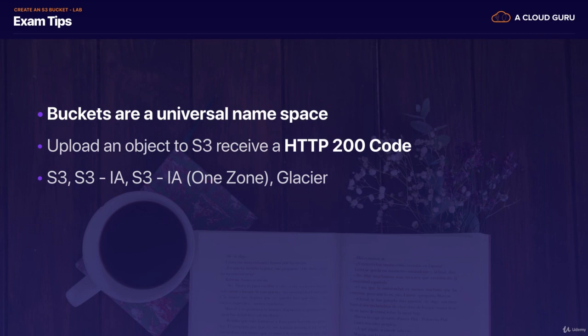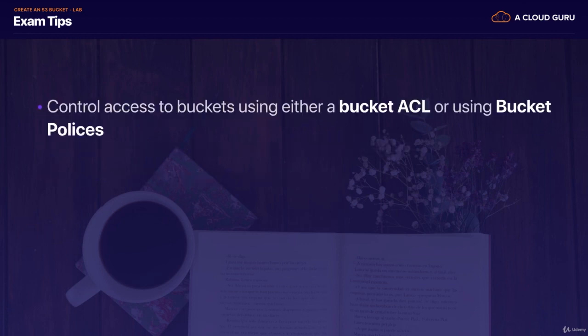We have different flavors of Glacier depending on our retrieval times. And then finally, we learned that you can control access to your buckets either using a bucket ACL or using bucket policies. And we looked at that briefly. We will use bucket policies when we go to the serverless section of the course where we create a serverless website. So we will look at that later on in this course.